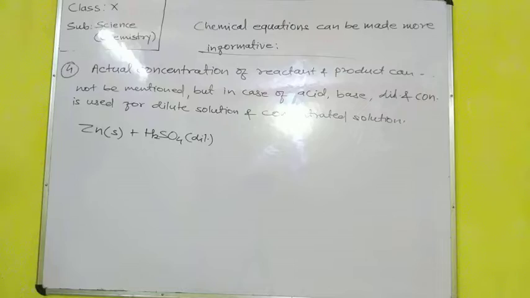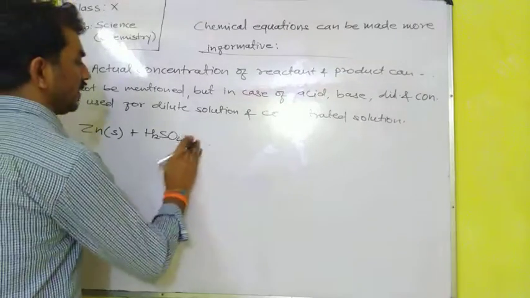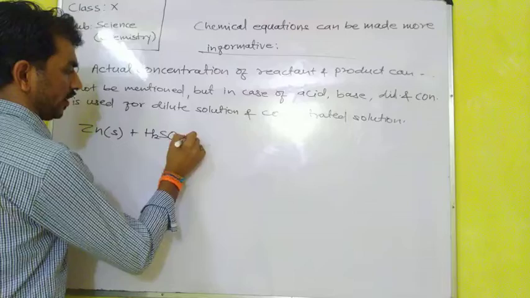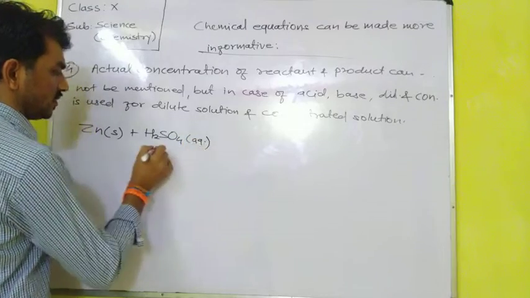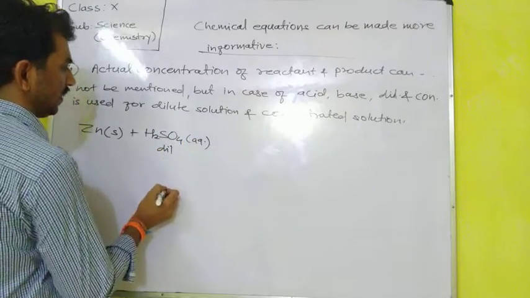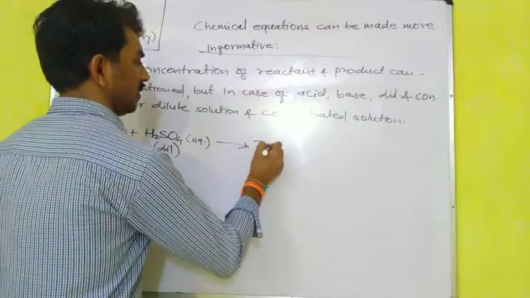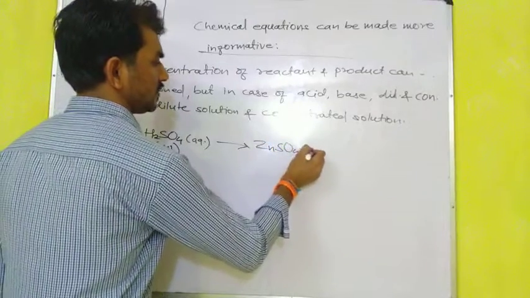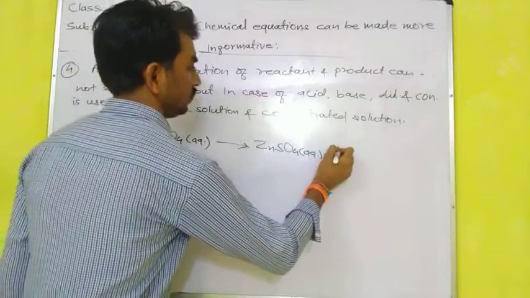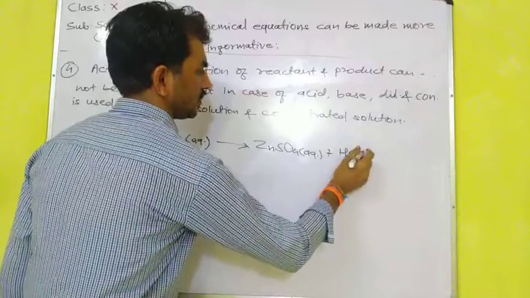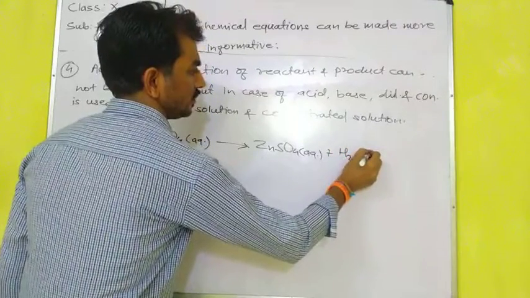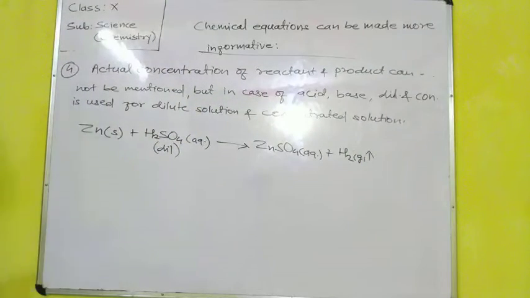It will form zinc sulfate, aqueous, plus H2, along with the evolution of hydrogen gas. This is the example in which dilute is represented. In this way concentrated is also used.